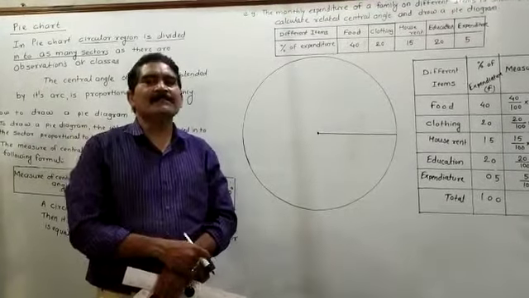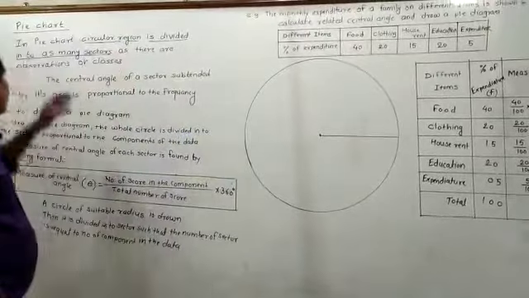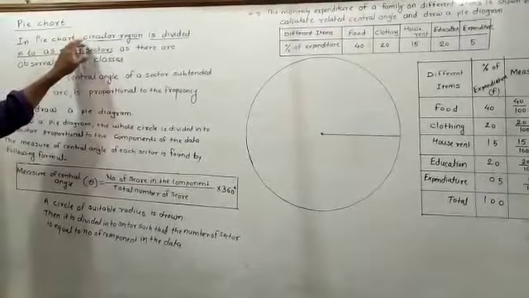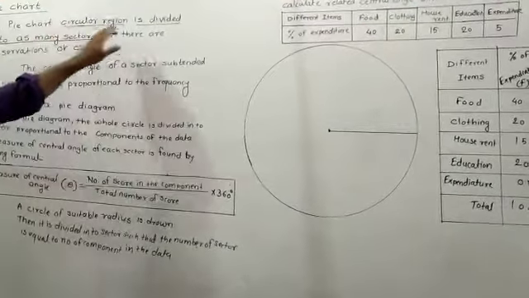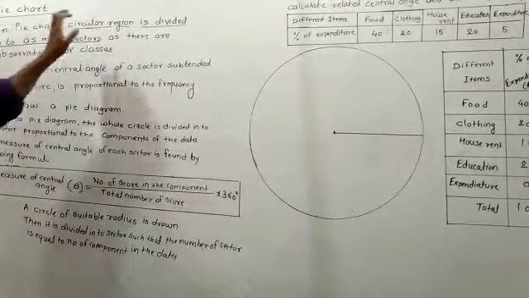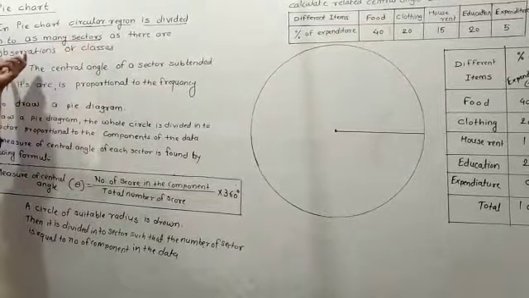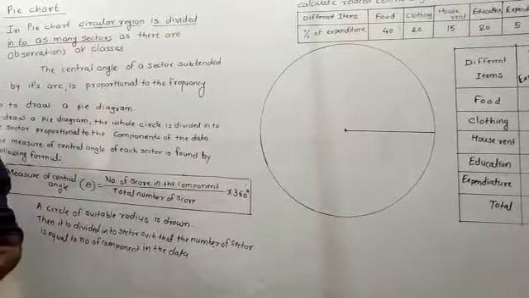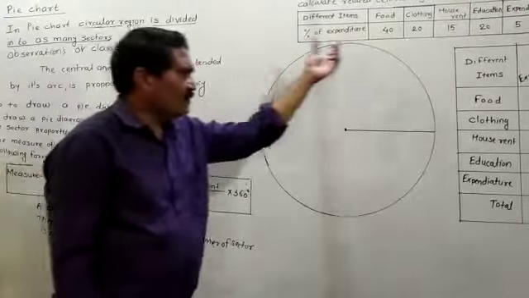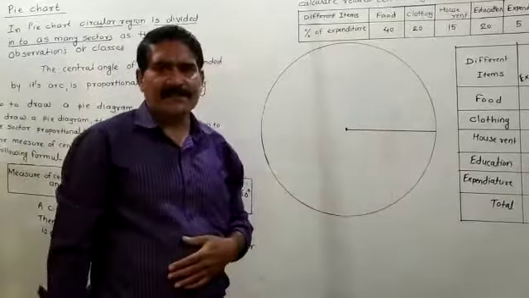I will say something about the pie chart, that the pie chart is the circular region. In pie chart, the circular region is divided into as many sectors as there are observations of the classes. With this circular region, you have to divide it into the different sectors.